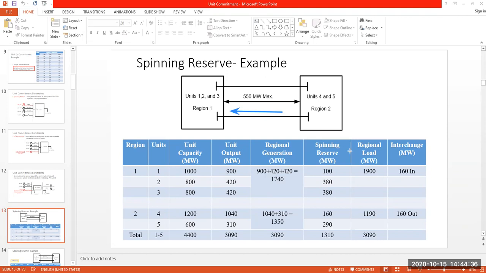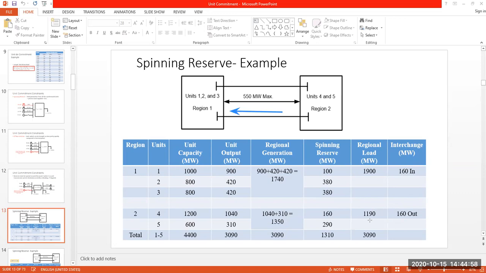How much power is interchanged? Whatever is lagging here: 1900 minus 1740 gives you 160. So 160 megawatt is coming in. So the same amount should come out of area 2. That means you need to produce surplus power here.